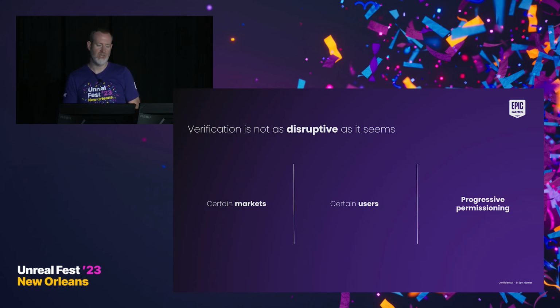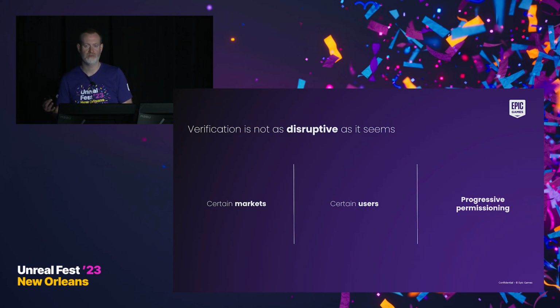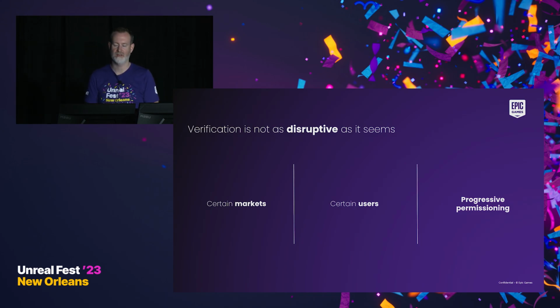We never recommend that partners front load this at the doors of their experience and don't let anyone in. It's very, very rare that the user is going to be blocked by this. In our own account system, a player can come in and create a cabined mode, and they can still play our experiences while they're waiting for their parent to go through these flows on their side. So it is something we try to talk about as less disruptive than people imagine.